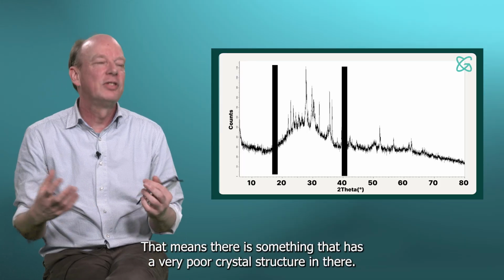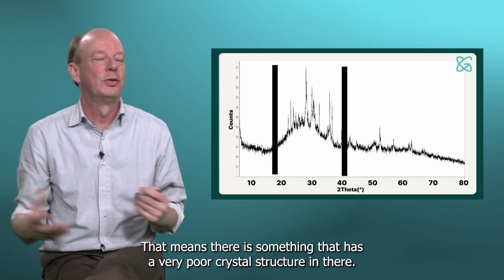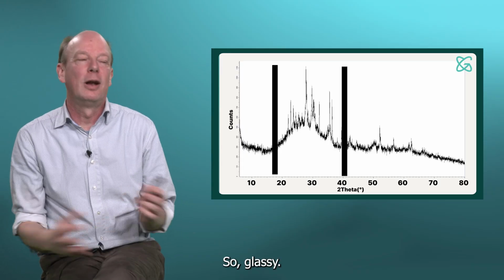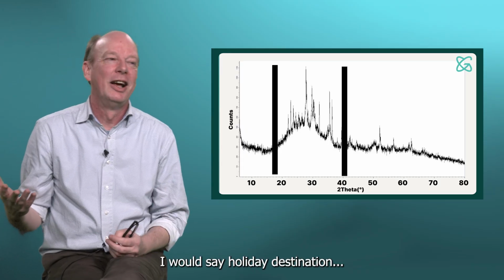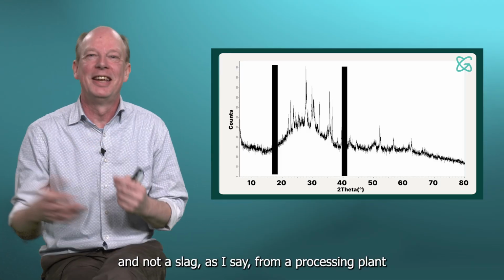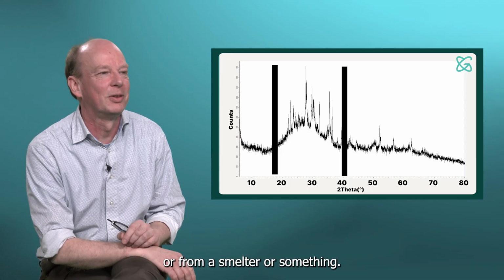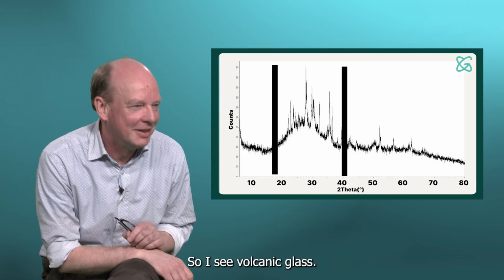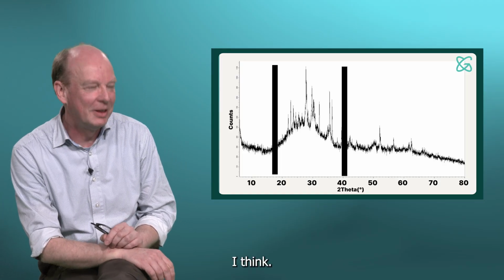That means there is something that has a very poor crystal structure in there. So glassy. I would say holiday destination, probably volcanic glass and not a slag from a processing plant or from a smelter or something. So I see volcanic glass, I think.